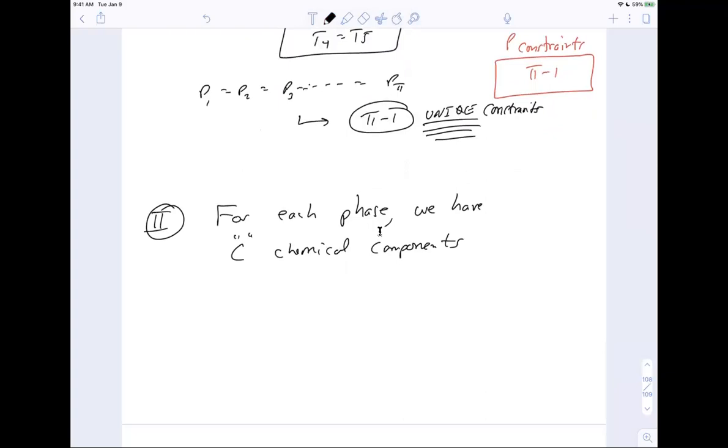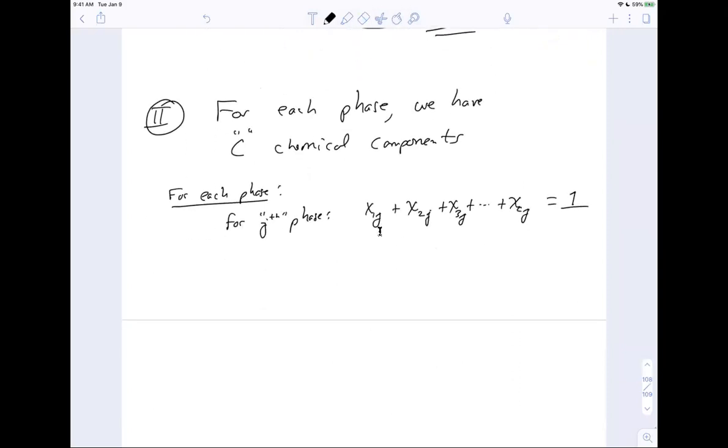And so for the jth phase, X1 in phase J plus X2 in phase J plus X3 in phase J plus X sub C in phase J has to equal, since these are mole fractions, 1.